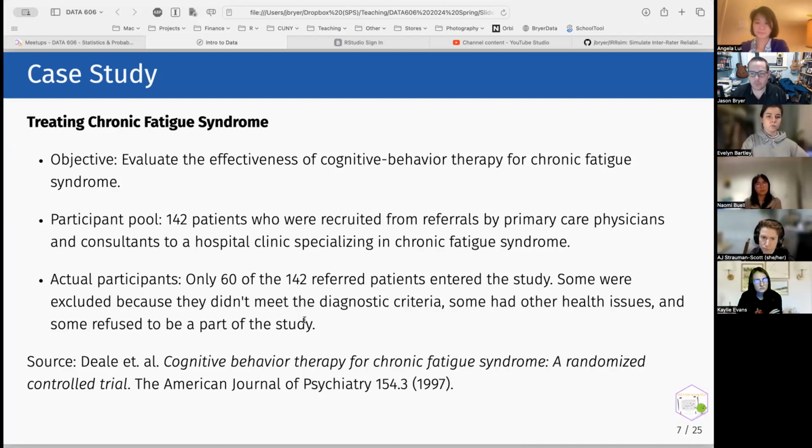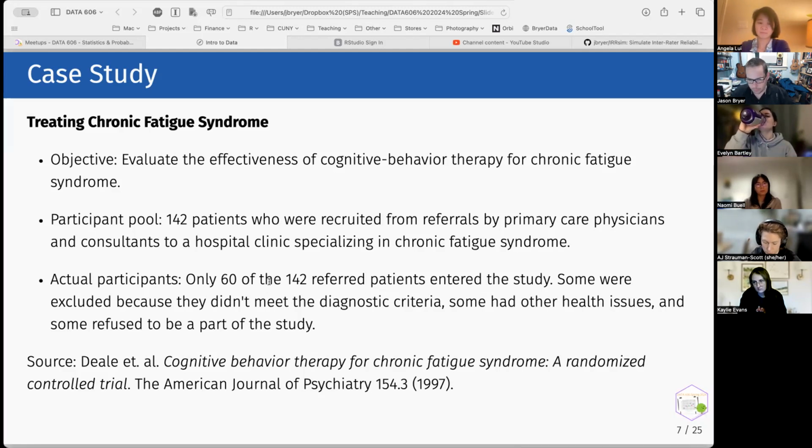And then we also oftentimes want to make inferences about whether or not something causes something else. So we're trying to make inferences in two ways. One, in terms of whether or not there's a cause and effect, and sometimes whether or not this is generalizable to some larger population. Ideally, we want to say both, but in reality, sometimes we can only do one or the other.